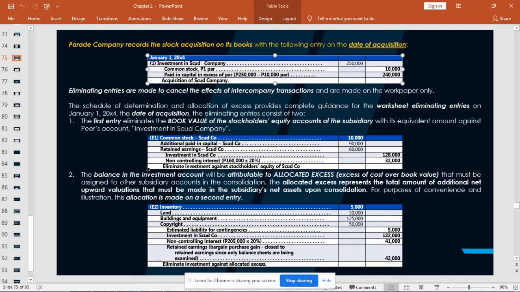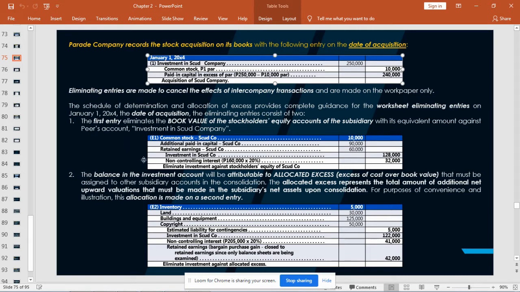Then we record the eliminating entries. Okay? So the schedule of determination and allocation of excess provides complete guidance for the worksheet eliminating entries on January 2024 or 2014, whatever the date of acquisition. The eliminating entries consist of two.